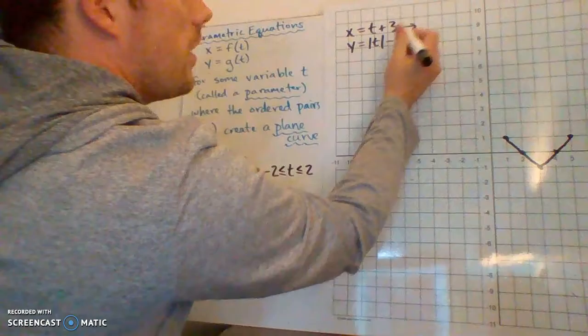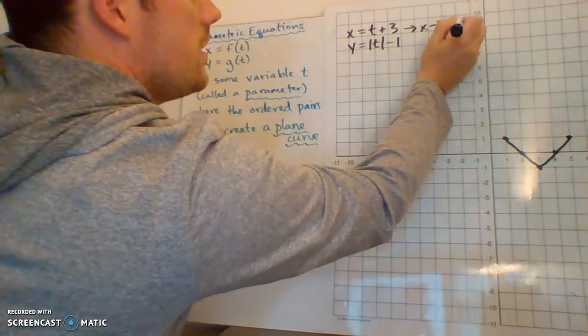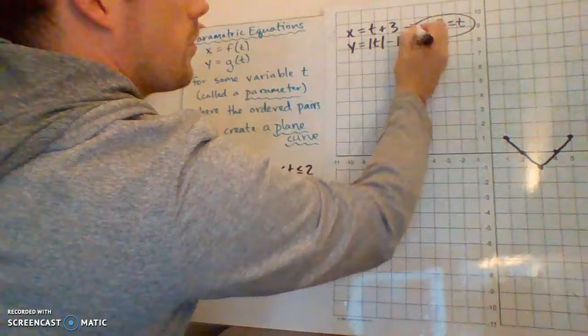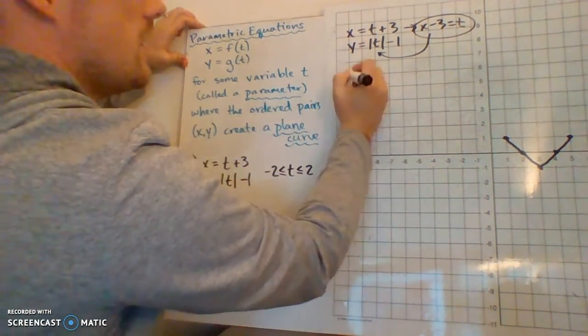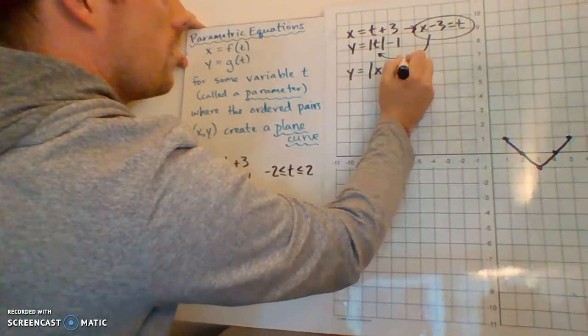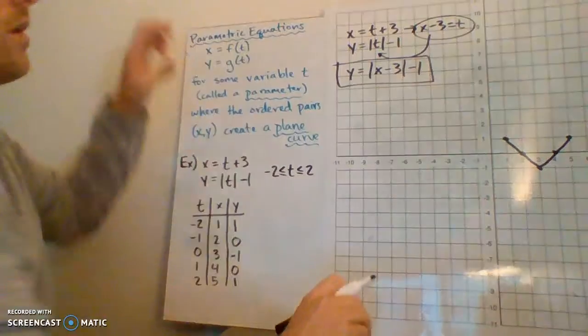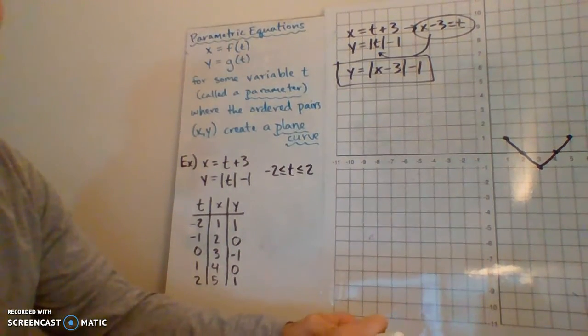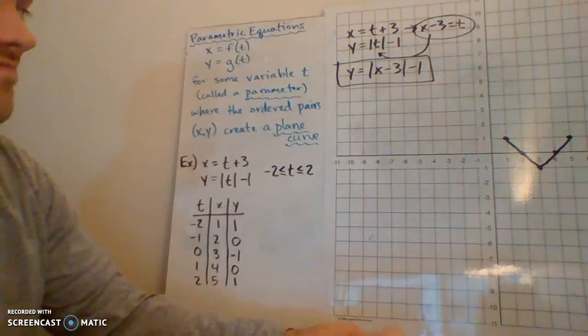So if I subtract this 3 over, I end up with x minus 3 equal to t. Okay, so now I'm going to take my x minus 3, and I'm going to substitute that in for t in my other equation. So now I've eliminated my parameter, and I have y equals absolute value of x minus 3 minus 1.